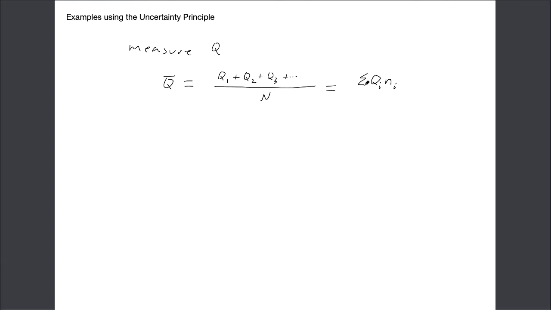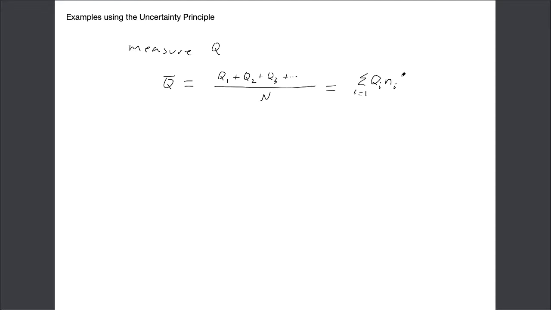Little n times q, we're going to add up all the possible unique measurement values, i equals 1 to whatever the maximum is, depending on how many measurements we make. So you take the value q1 and the number of times that value occurs, the value q2 and the number of times that value occurs, and add up all those things. It's the same thing as just adding up all the different measurements. Some of them might be repeating, and that's what this little n is representing.